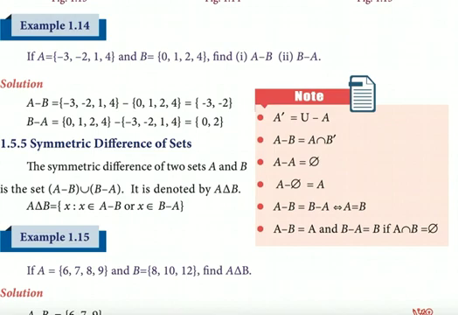A minus phi is A. If A minus B equal to B minus A, then A equal to B. If A minus B equal to A and B minus A equal to B, then A intersection B is phi.